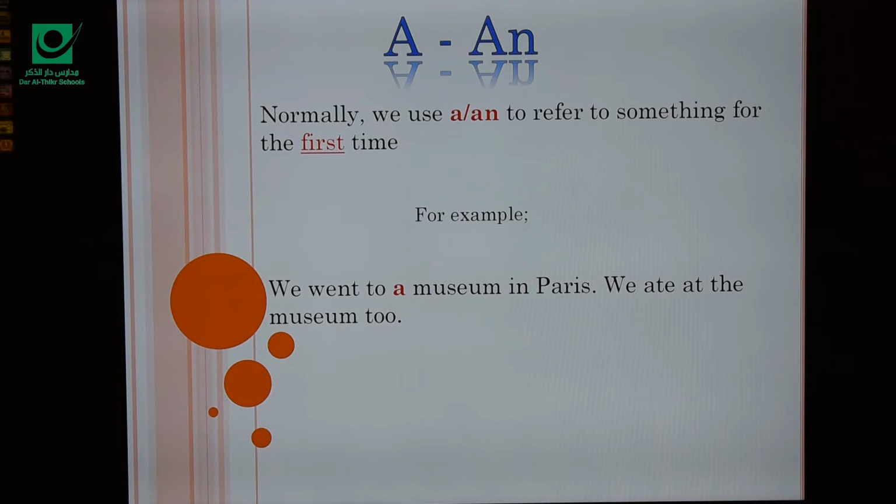Please notice that in the first part I said a museum, and in the second one I said we ate at the museum. Why did I say that? Because I referred before, in the first part, to the museum located in Paris. So now you know exactly which museum I'm talking about.